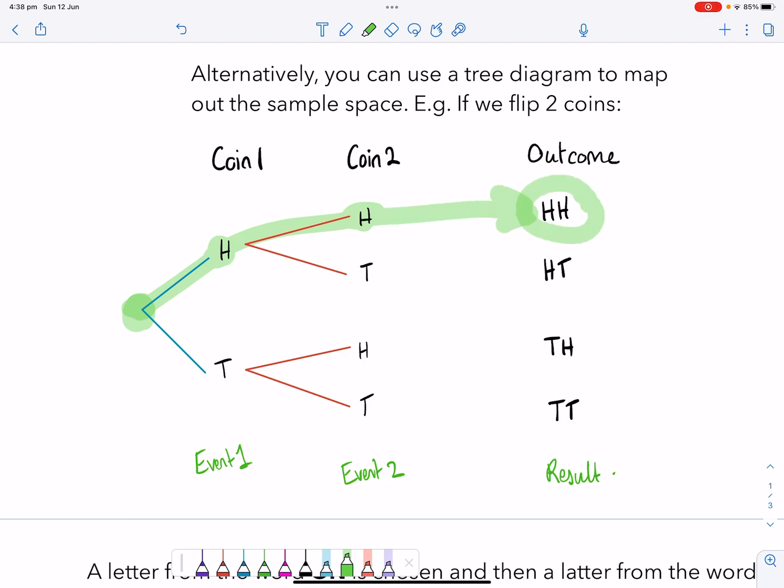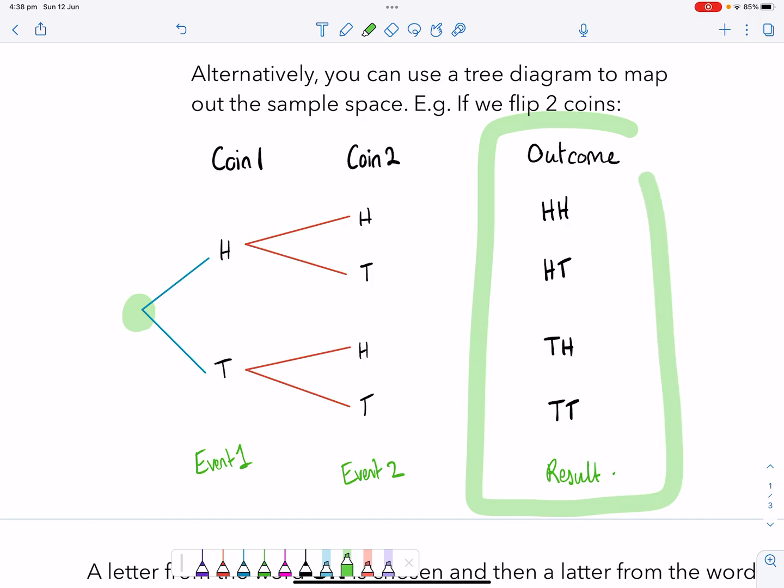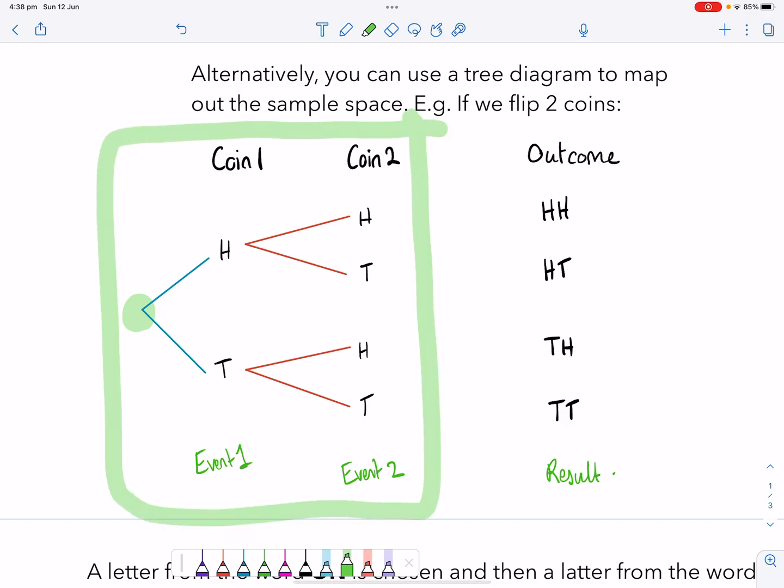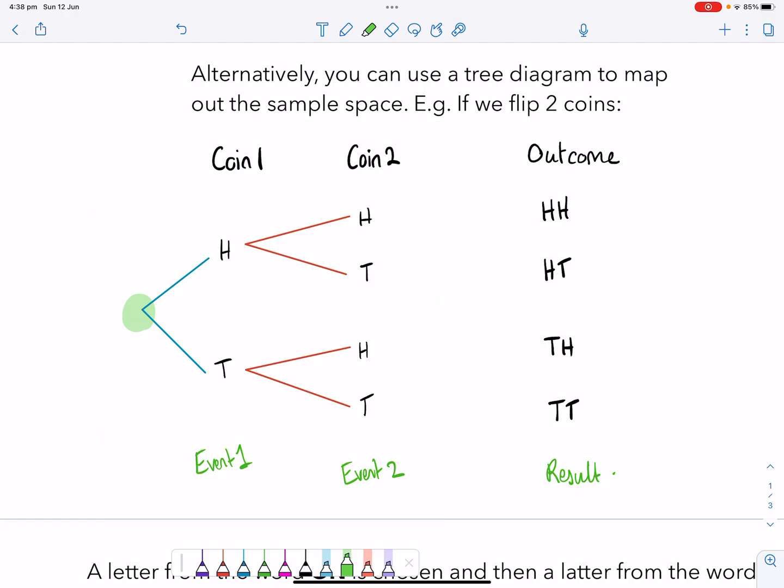Okay, so this column here is the outcomes, the sample space, the finished result I guess we're looking for. And perhaps another way of viewing it is that this area here is our working out to figure out what the sample space is going to be. You know, with the first coin, I could get a tail, and then my second coin, I could get a head, therefore tails, heads.